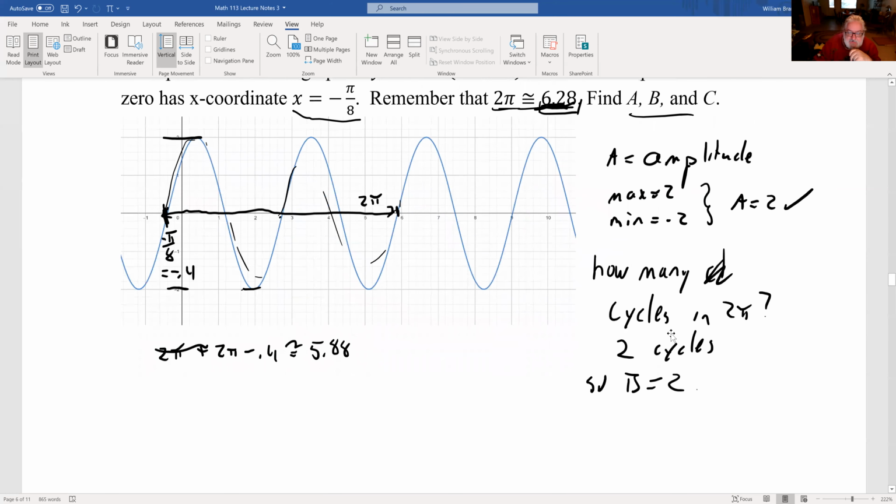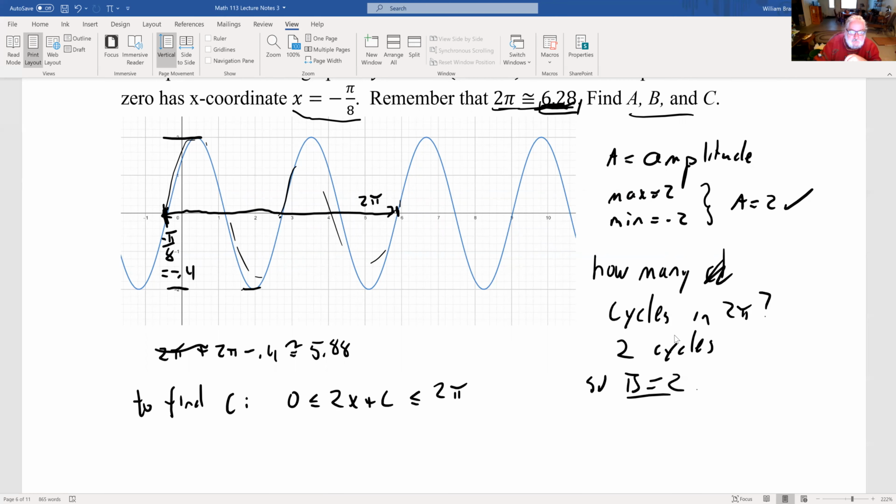How do we find C? Well, you put 2x plus C, because we know that B is 2. Right?